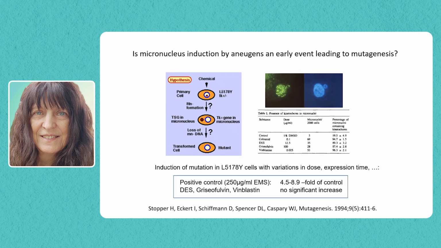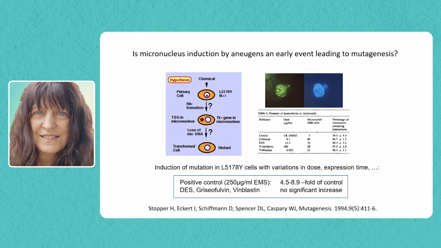And we have early on asked the question, could the loss of tumor suppressor genes through micronuclei cause cell transformation? For example, here in this scheme, you have a micronucleus, and let's assume a tumor suppressor gene is in the micronucleus. Now, if you lose that micronucleus, would you have a transformed cell?